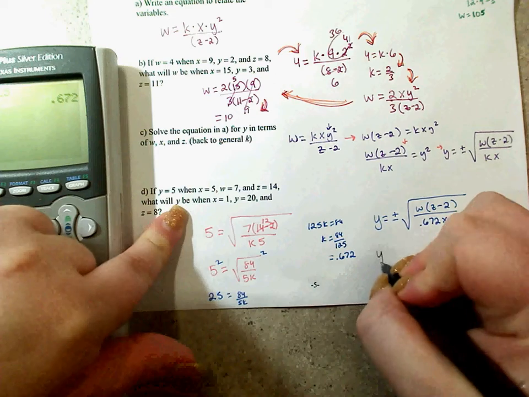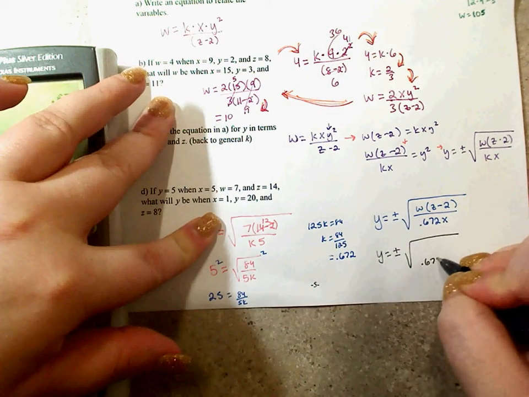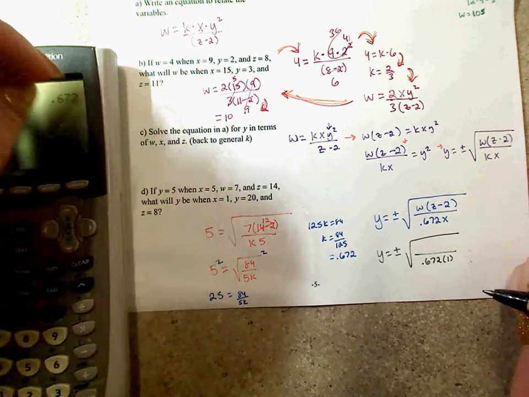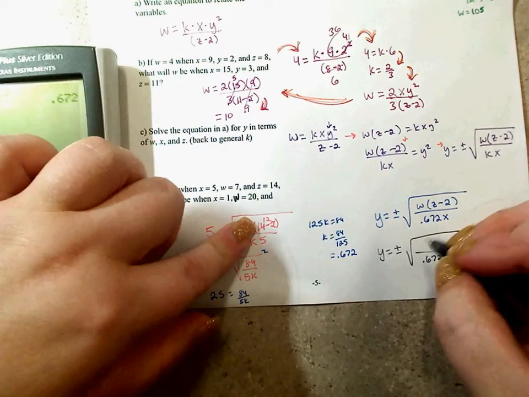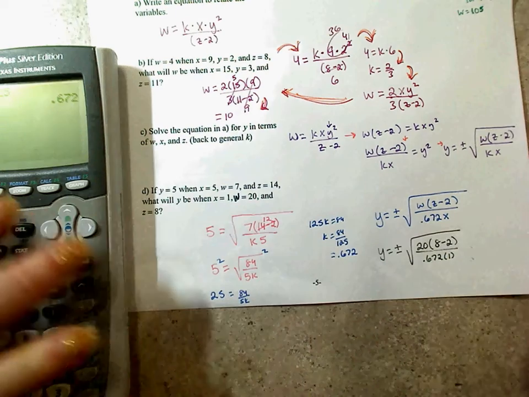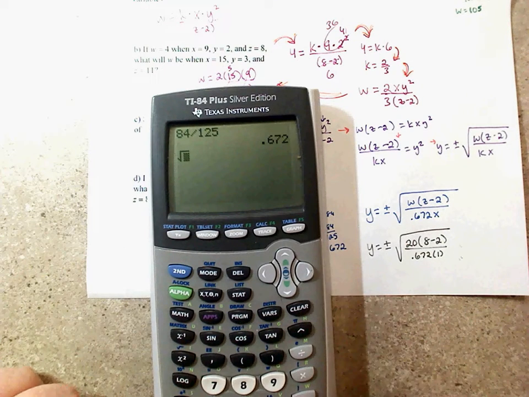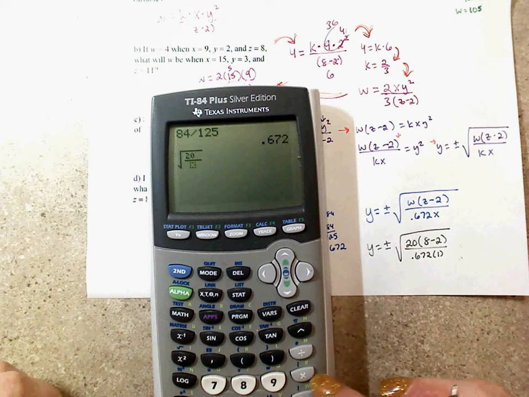Oh, that's not supposed to be y, that's supposed to be w. w equals 20, and z equals 8. Okay, so this is not going to be pretty, so I'm just going to type it in. Square root of, well, let's do this so you can see it. 20 times 6 divided by 0.672. And that is either positive or negative 13.363. And there you go.